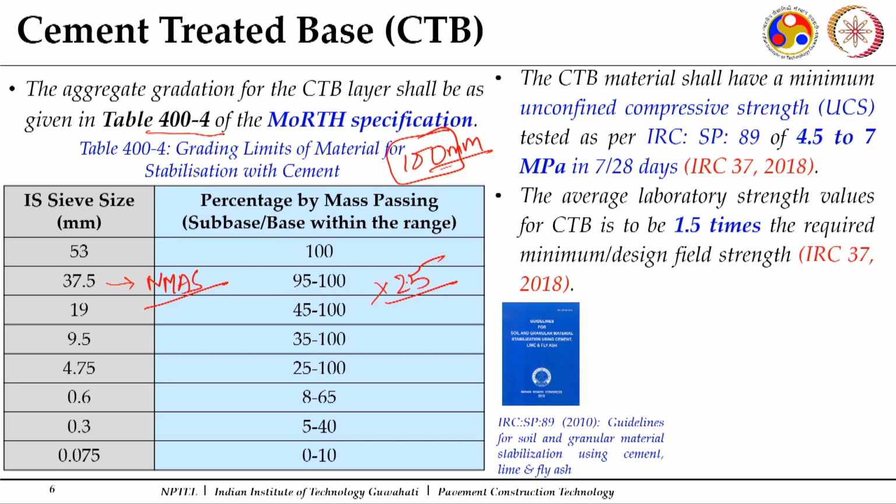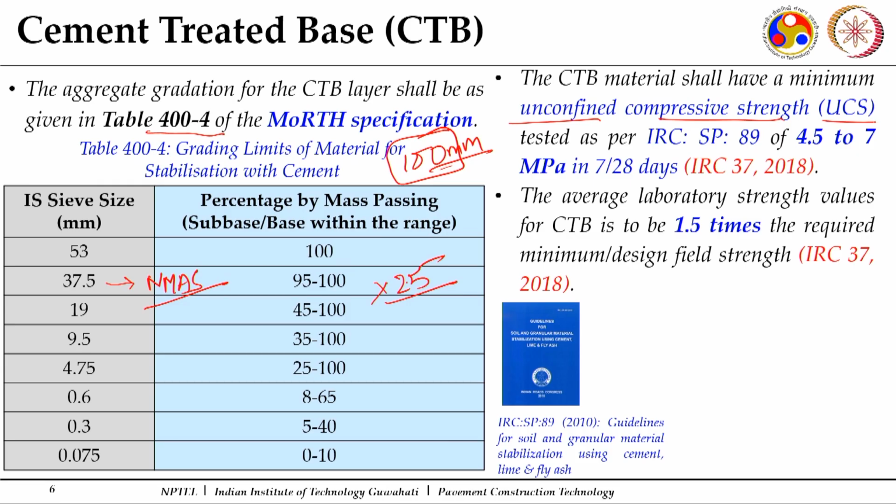Now, in addition to the strength perspective, when we look at the characterization of materials, we will look into those characteristics again. Just for information, because it is a cement stabilized course, it needs to have some minimum requirement of unconfined compressive strength, or UCS, when tested as per IRC 89, which is for soil and granular materials stabilized using cement, lime and fly ash.